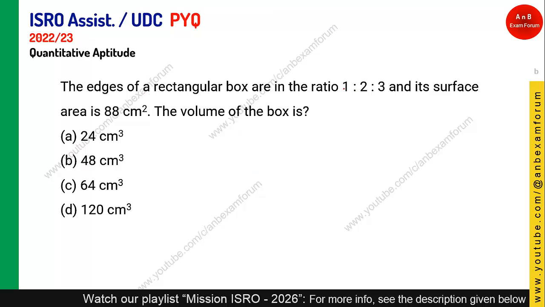The edges of the rectangular box are in ratio 1:2:3, so I am taking them as 1x, 2x and 3x. Rectangular box means cuboid. The cuboid surface area is twice of length into breadth plus breadth into height plus height into length.